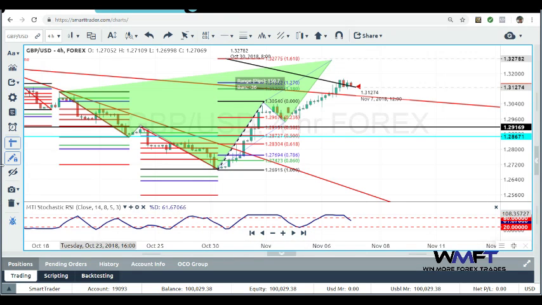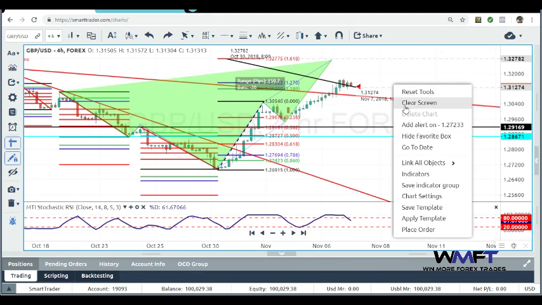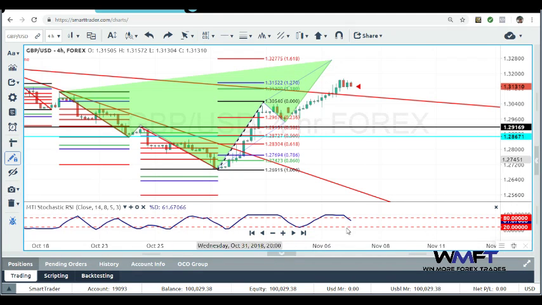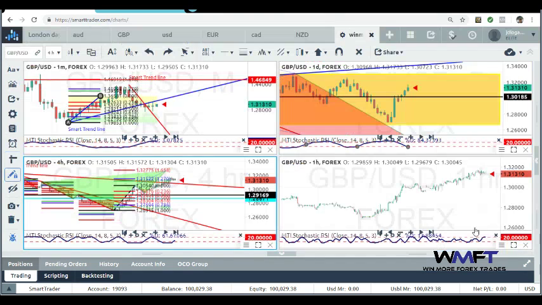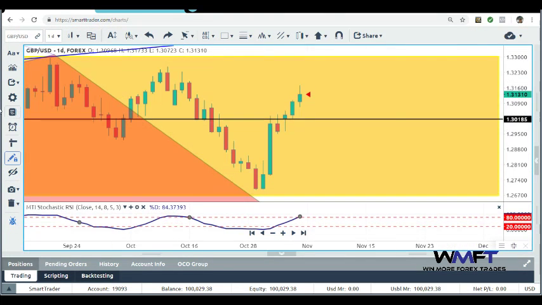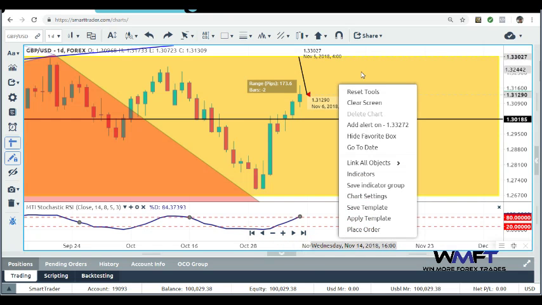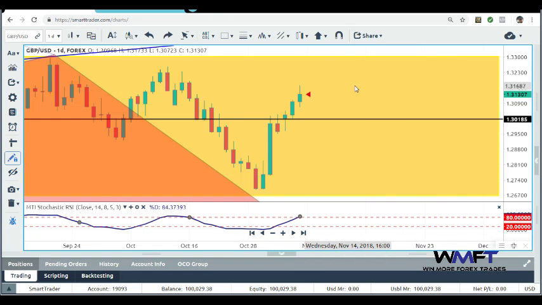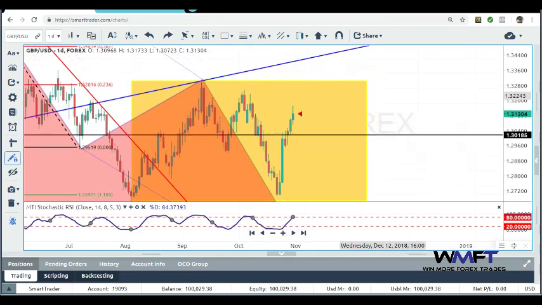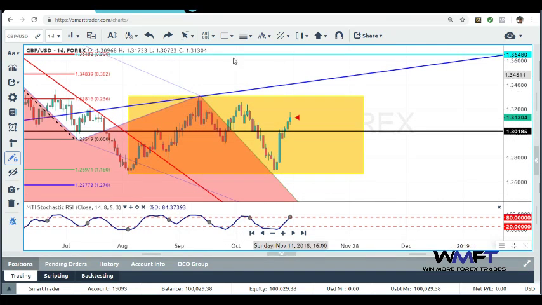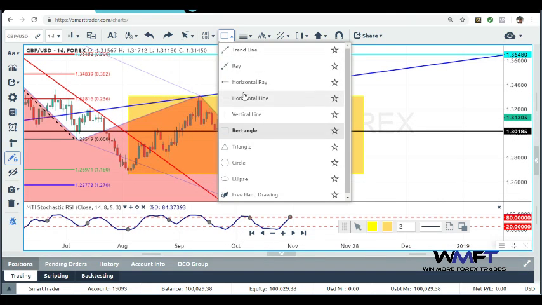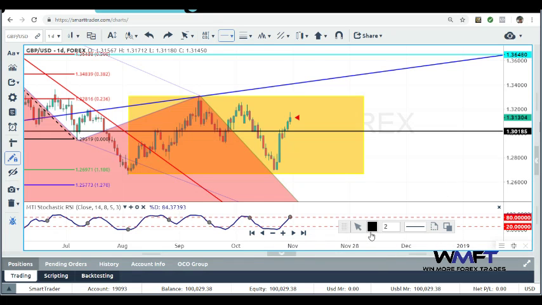And how far away were we from the consolidation range on the daily chart? It's 173 pips. So let me get a little bit more precise, and let me bring in a horizontal line.